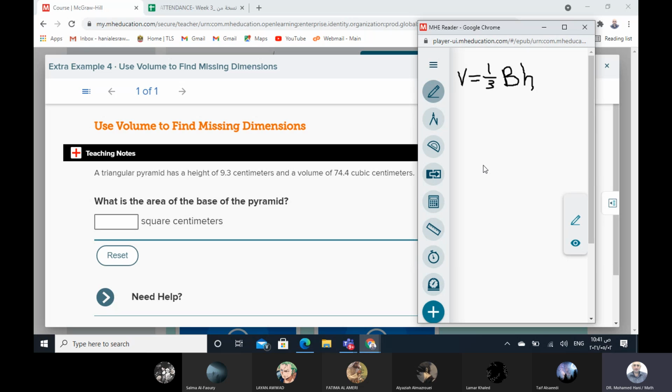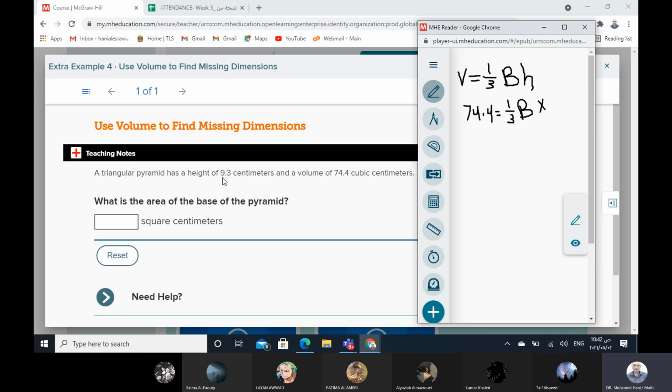Then substitute. We have the volume here. The volume will be 74.4 equals 1/3 and here we want to find the area of the base, the missing value, times the height of the pyramid.